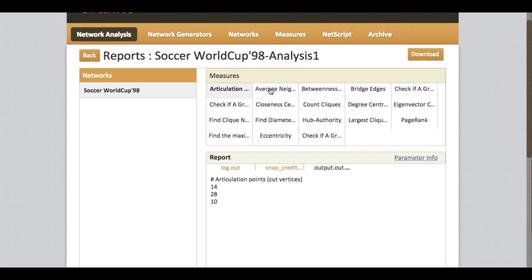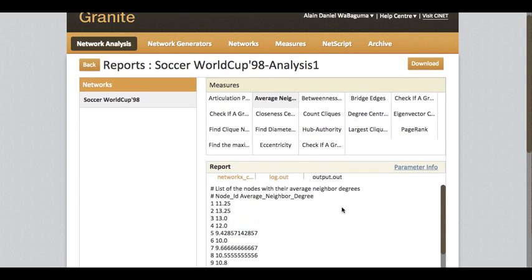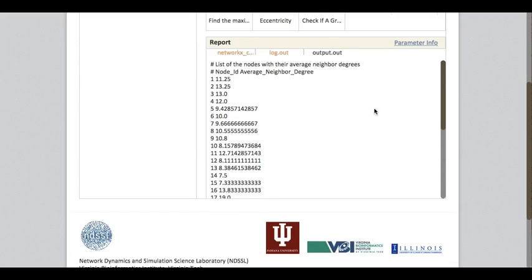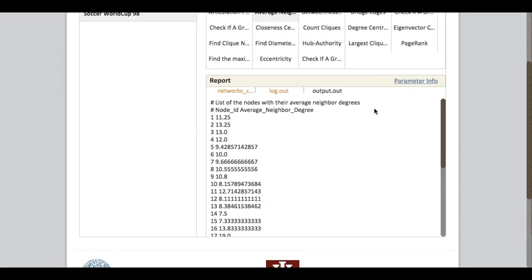Then the average list of the nodes with the average neighbor degrees, and this is a long list.